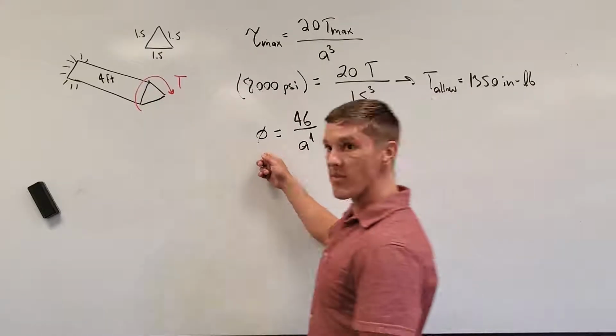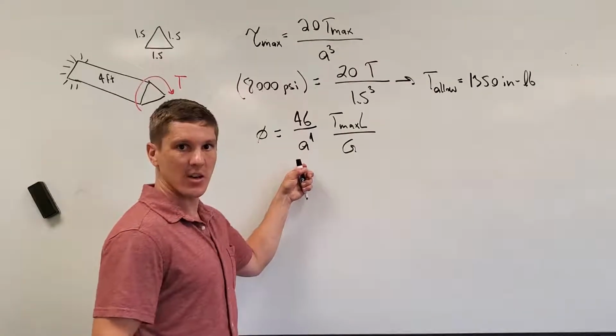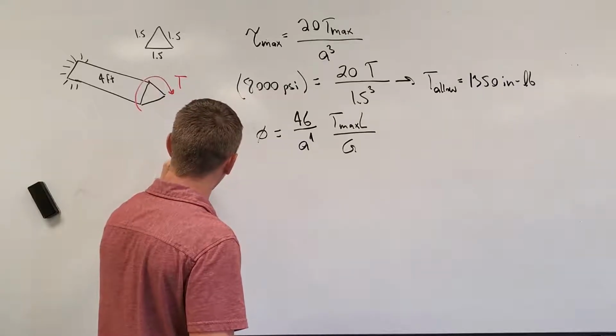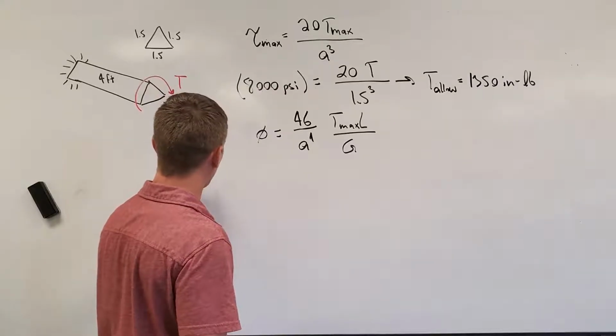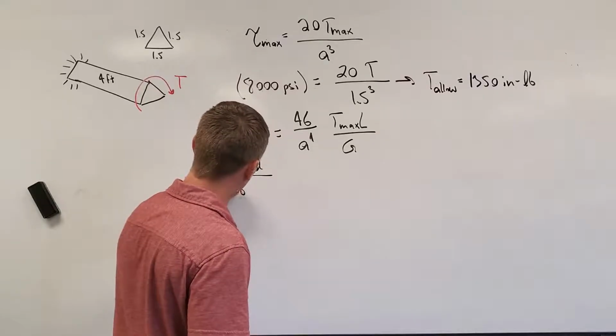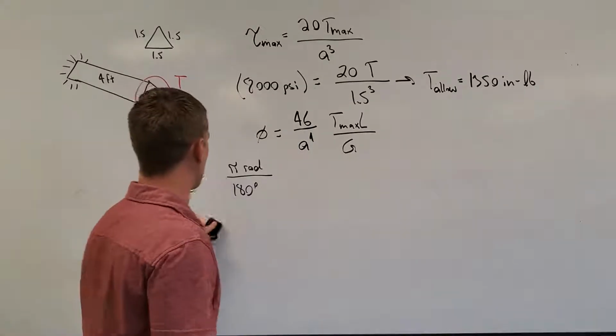This was given to be 3 degrees, but remember that all of these equations give our results in radians. So we need to convert: 3 degrees is our maximum allowable angle of twist, times pi radians over 180 degrees, on this left side of the equation.